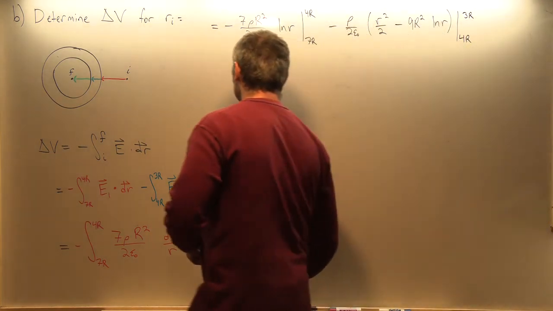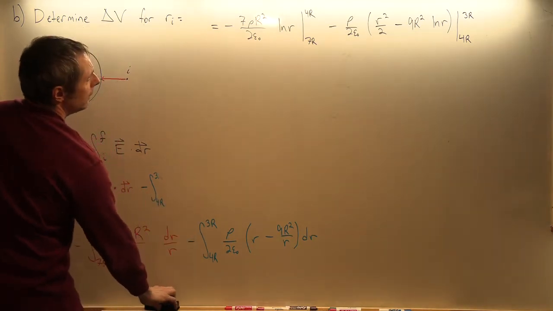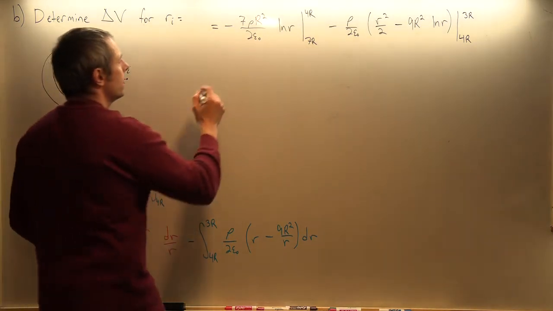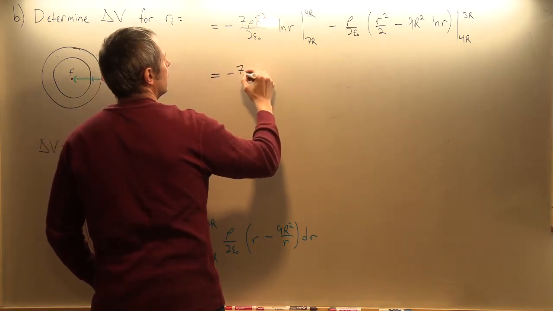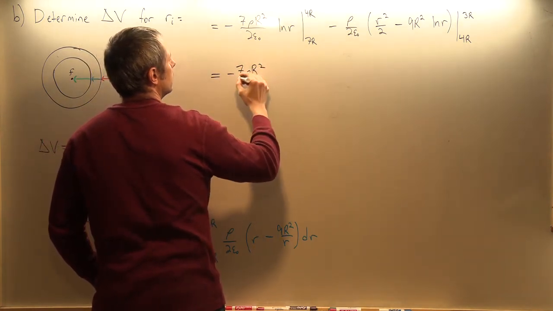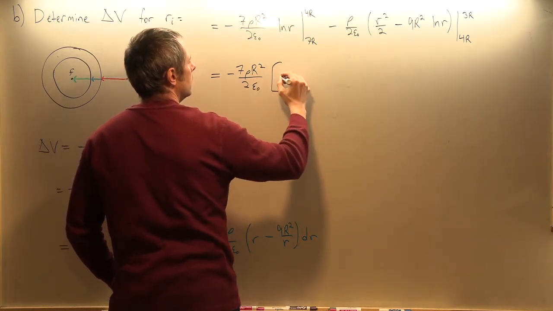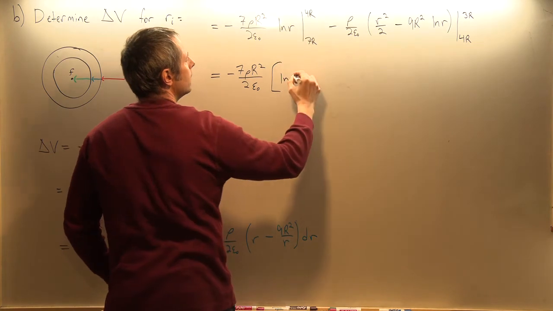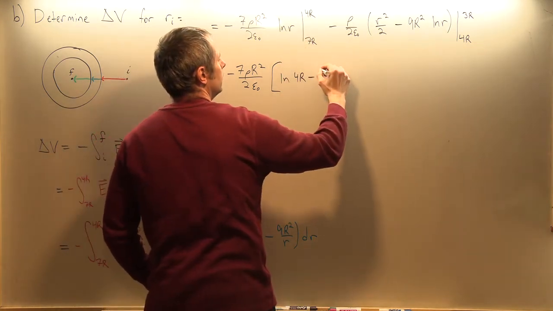Okay, so now we've got to plug in our limits. So log of 4r minus log of 7r.